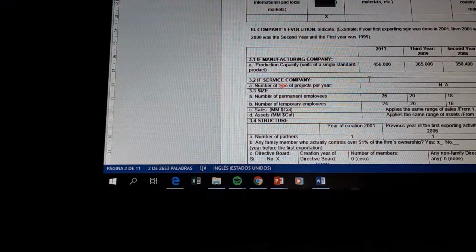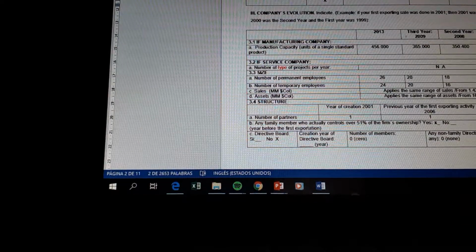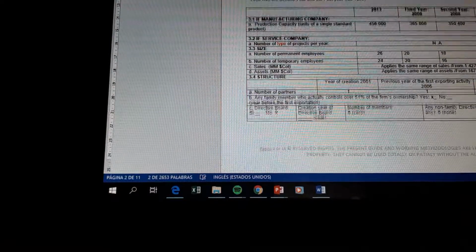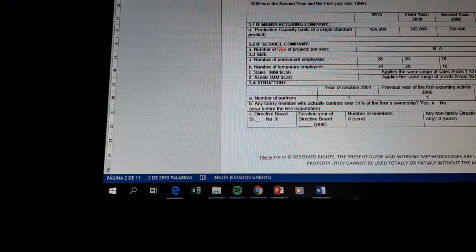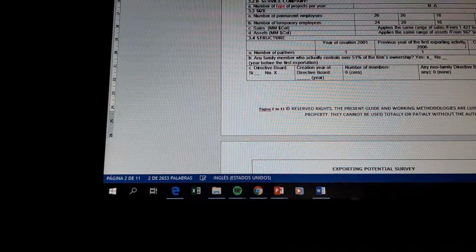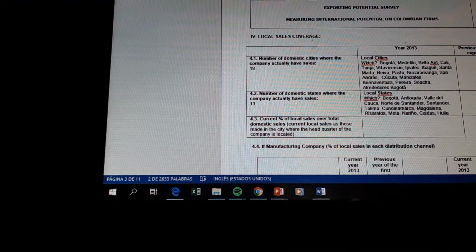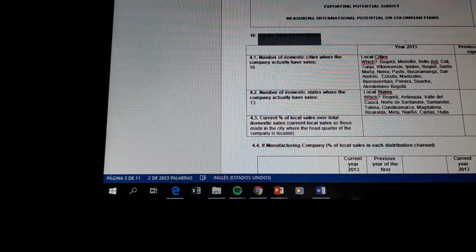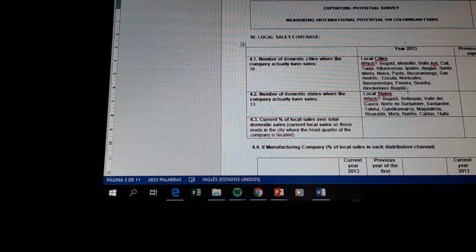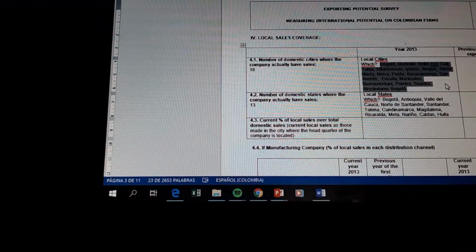Well, the manufacturing company evolution during some years can give us an idea of how big the company has become in the latest 6 years. Now something about the structure of the company. This is very important also, as a company can have local sales coverage that covers a huge number of cities in Colombia, located in different places.